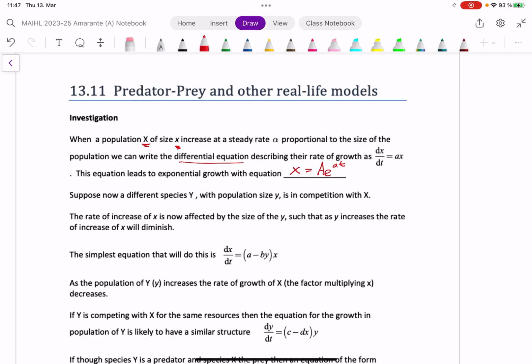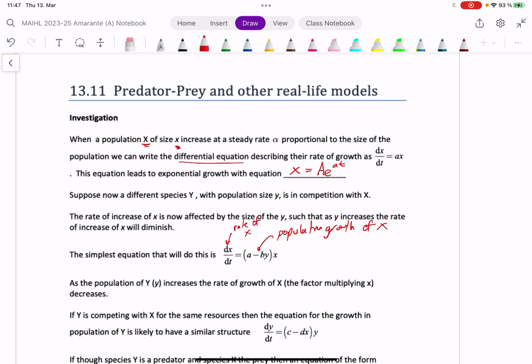So the simplest way to do this would be to say, okay, dx/dt is (a minus b y) times x. This represents the population growth of x, and this symbol is the rate of change of the population of x.